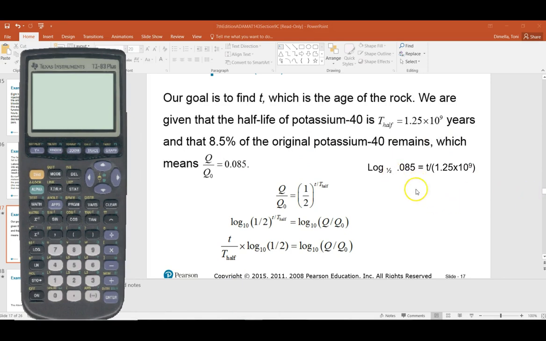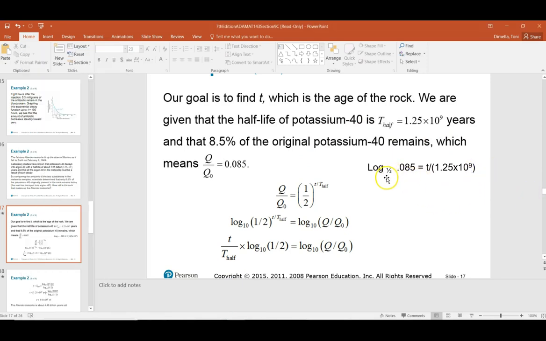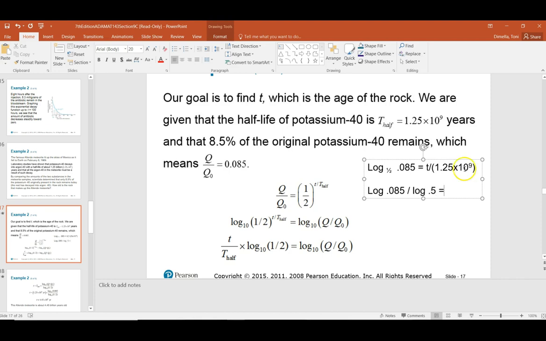And then what I'm going to need to do is rewrite this now into change of base. So that is going to look like a log of 0.085 divided by log of the 1/2. I'll type a 0.5. It will be equal to the same piece that's over here.